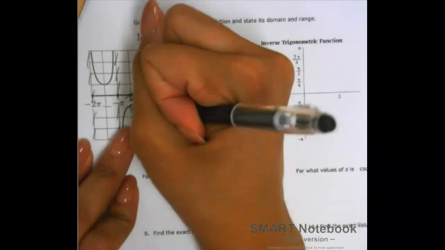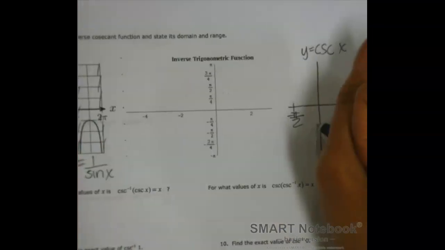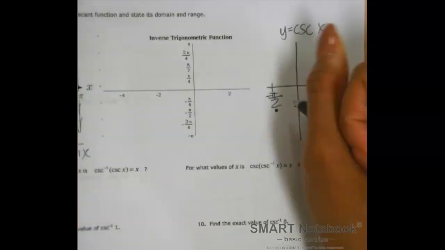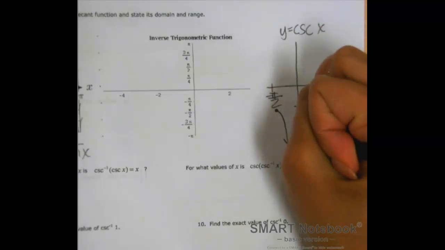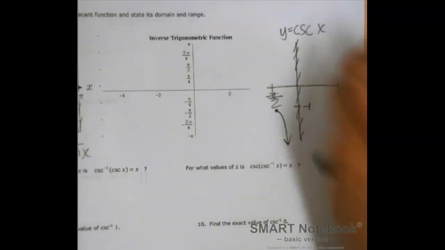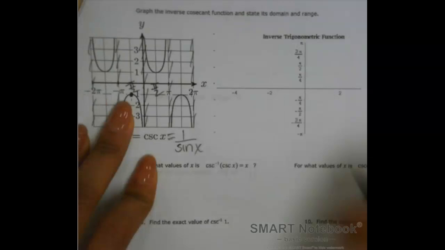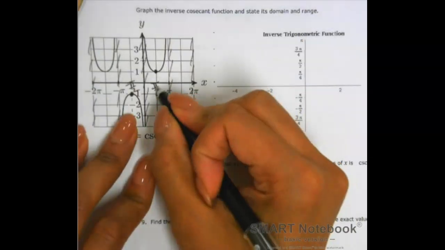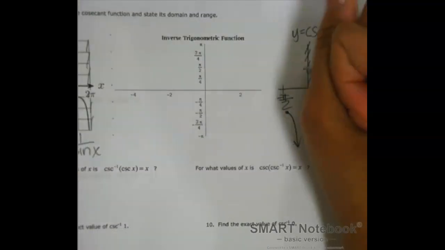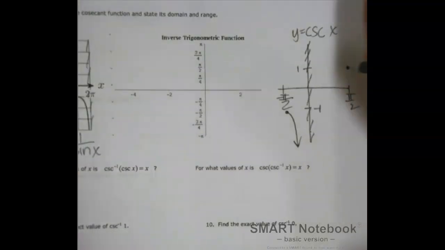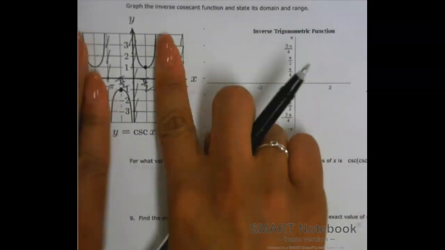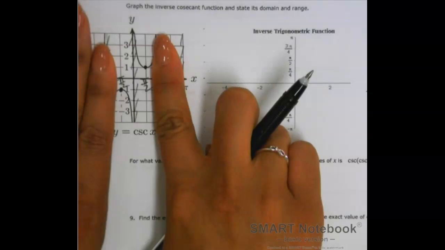At negative pi over 2, we go to negative 1, and the graph is going to curve down to all of those negative values, because you have an asymptote here. I'm literally just recopying this. At pi over 2, you have a point at pi over 2, 1, and we're going to curve this graph up towards all of those positive values. I'm literally just graphing this little window.